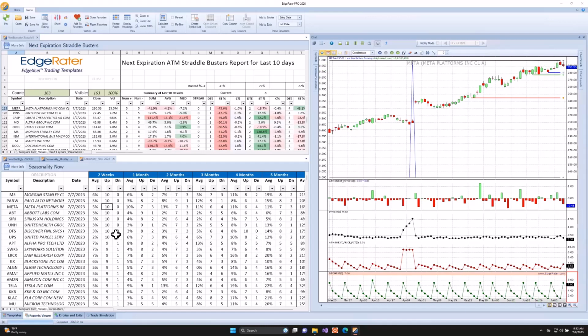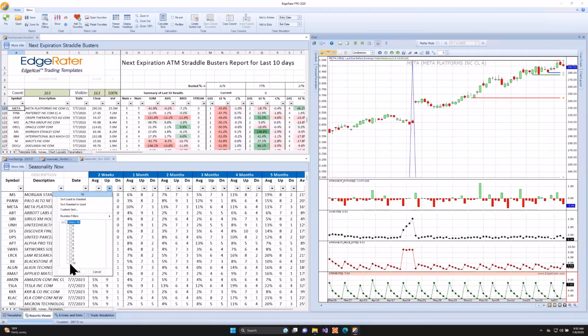Okay, so you can go through there and look at those. With your sorting and filtering, instead of just sorting and clicking on these headers, you could just say, I'm really interested in stocks that have either 10, 9, or 8 up years out of the last 10 years.